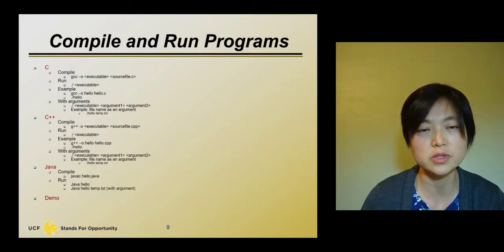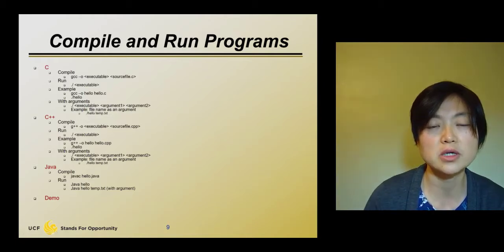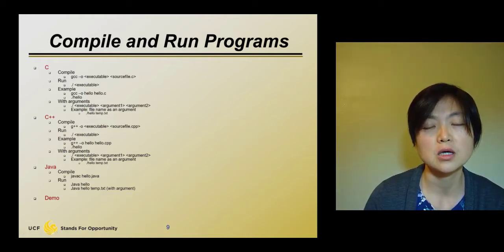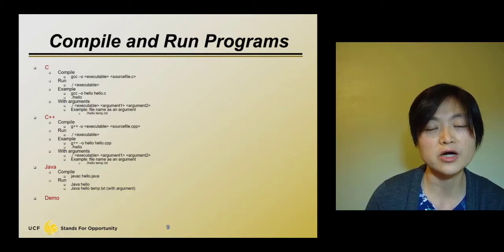So here is an example. If our program has an argument as the file name, we do ./hello, a space, and the file name, which is temp.txt. So this is C.